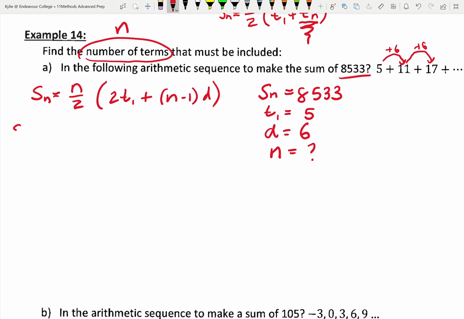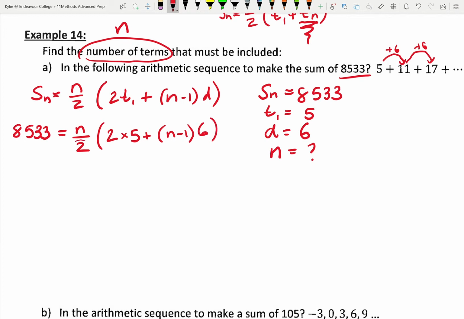So it becomes 8,533 equals n on 2 times 2 lots of t1, which is 5, plus n minus 1 lots of d, which is 6.